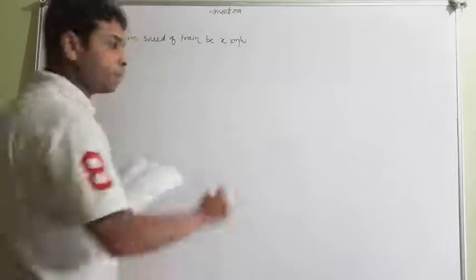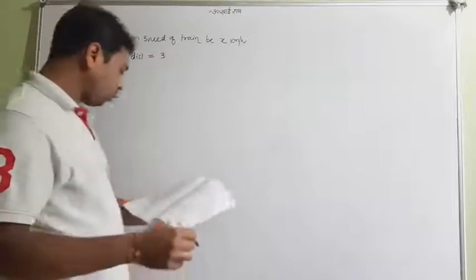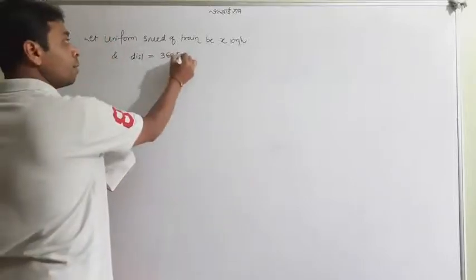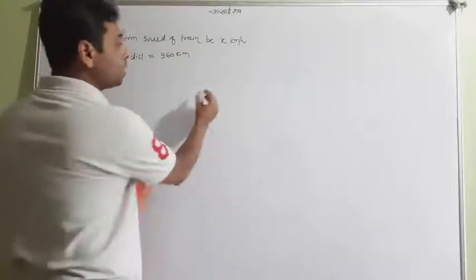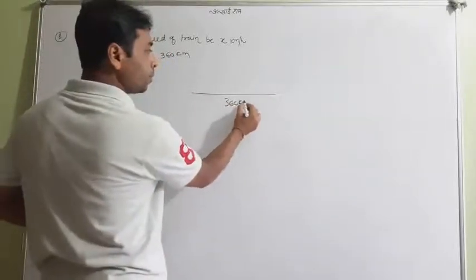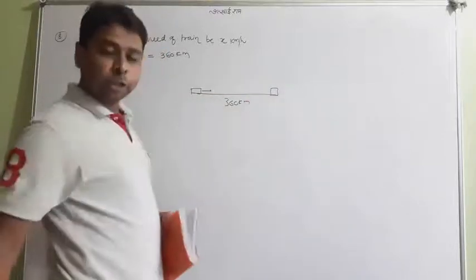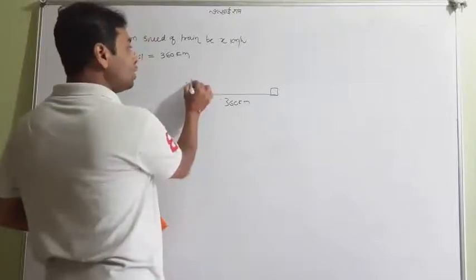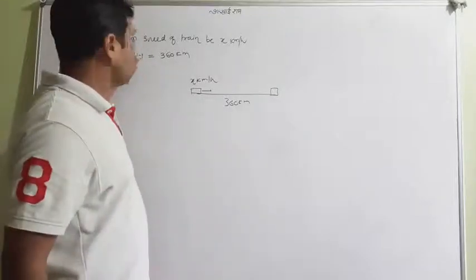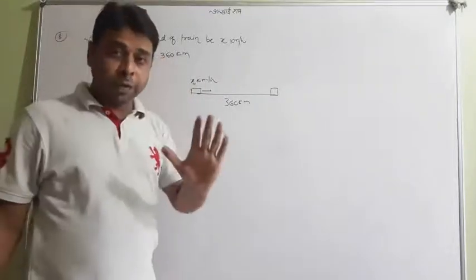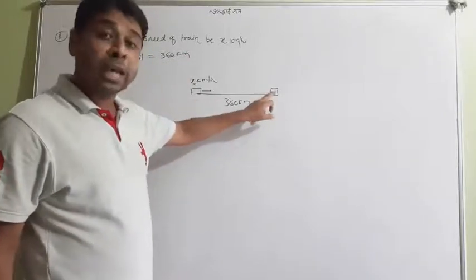The distance between the two stations is 360 kilometers. The train is going from here in this direction to the destination with speed x kilometers per hour, a usual, uniform speed. First of all we should know what time it will take to reach the destination in this condition.